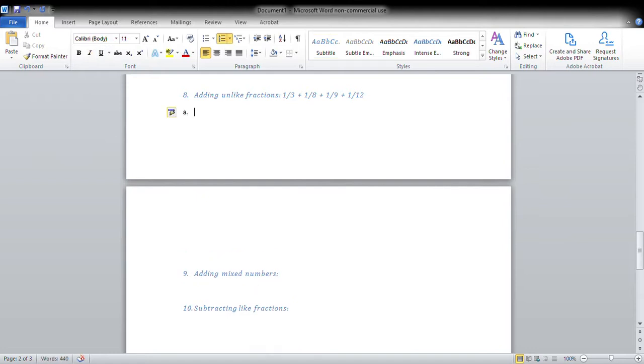First step, find the LCD, the lowest common denominator, or the least common denominator. And in this case, it is 72. So the next step is to change each fraction to a like fraction with the LCD.